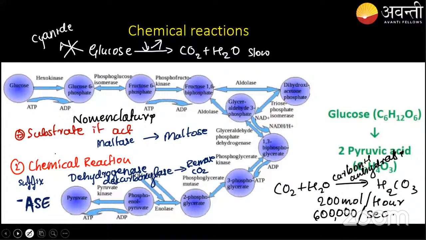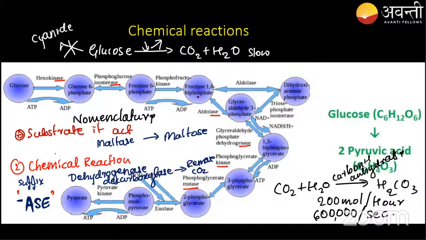Whatever example you take here, hexokinase, isomerase, aldolase, dehydrogenase, kinase, mutase, it will end with the suffix -ase. That is very important. Whenever you hear a word ending in -ase, just imagine it is an enzyme.